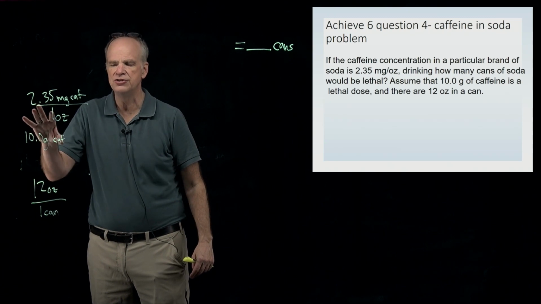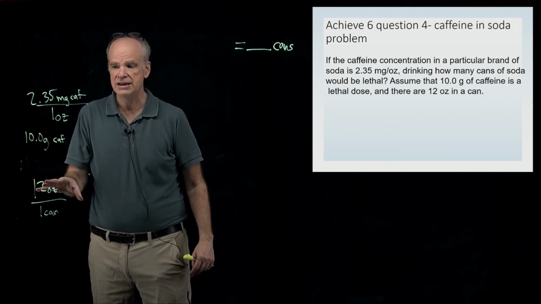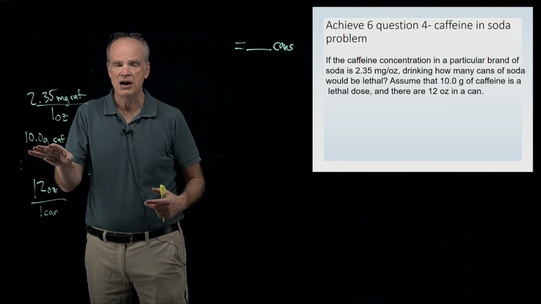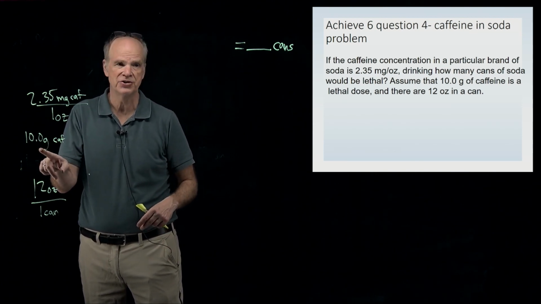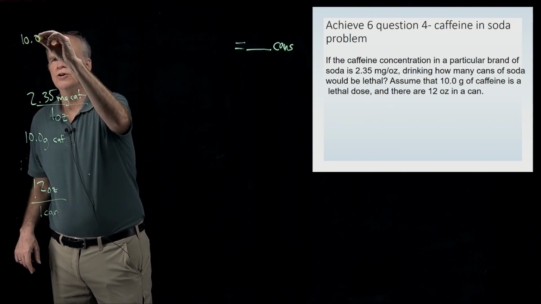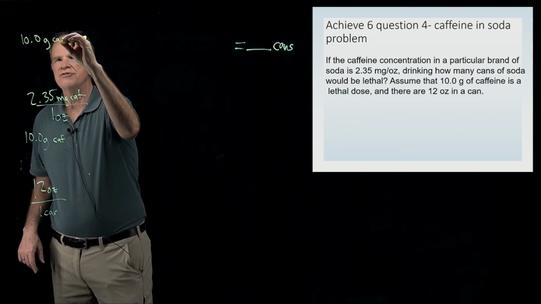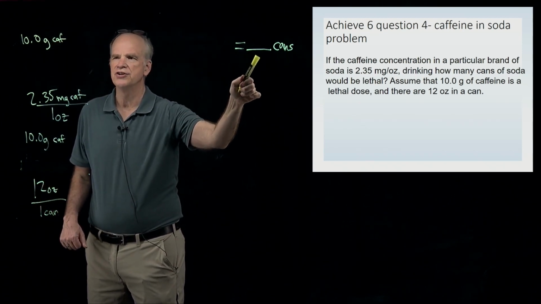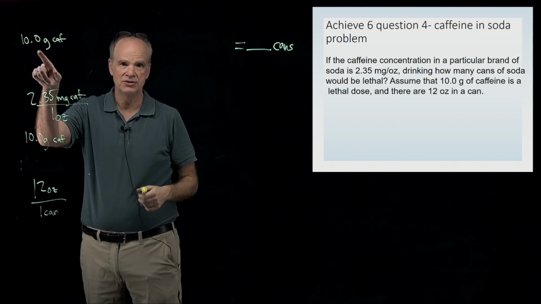In my opinion, you can start with any piece of information, but for me, a strategy is apparent if you start with 10 grams of caffeine. So let me explain the strategy here. We have 10.0 grams of caffeine, and what we're trying to figure out is how many cans of soda are necessary to get 10 grams of caffeine.